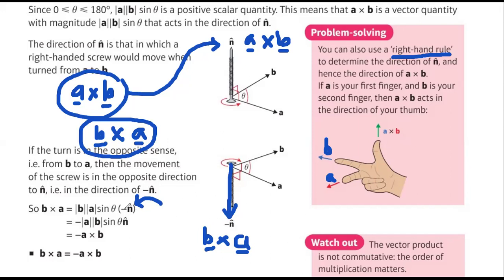Therefore, we can put minus n. Then modulus of A, modulus of B, sine theta, n equals the same as A cross B. Therefore, you have to remember this thing. This one is a very important thing. B into A equals minus A into B.